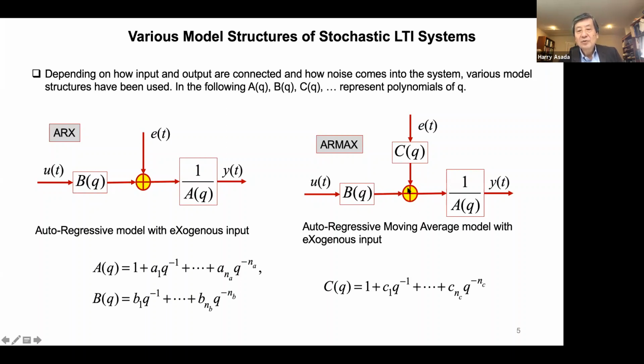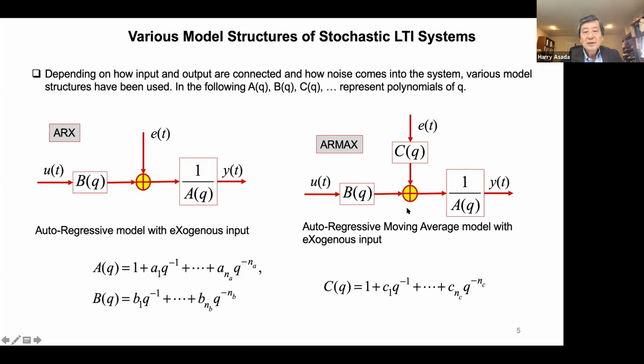This is maybe the most popular model, where the original white noise goes through some dynamic process C(q), is then fed into the process, and perturbs the output y(t) through this channel.